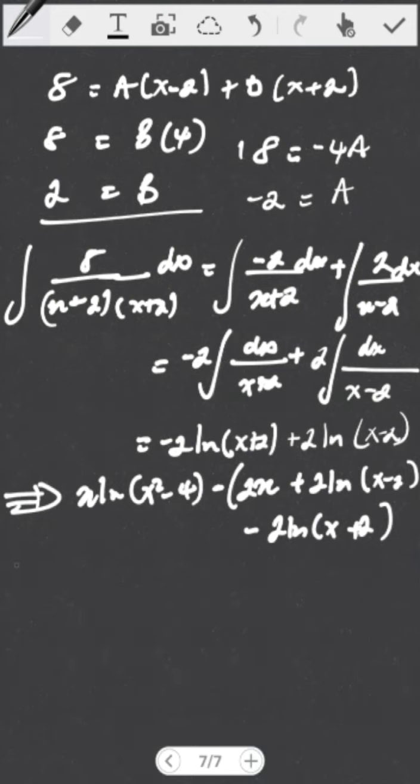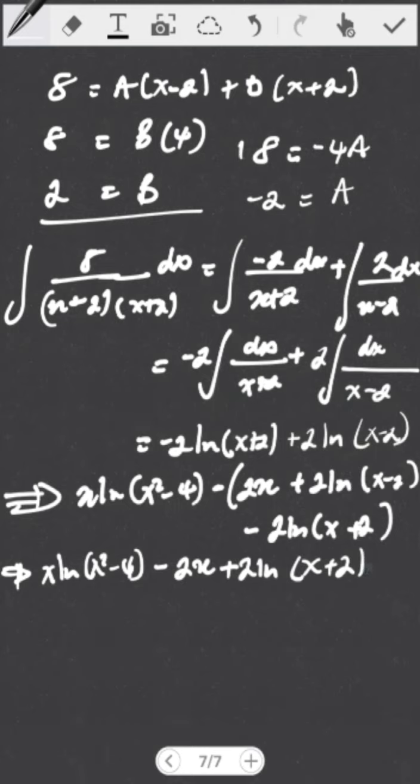So this would be equal to x ln of x squared minus 4 minus, this is going to be 2x plus 2 ln of x plus 2.